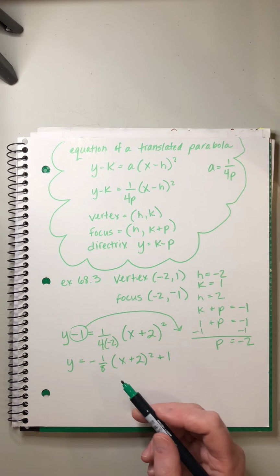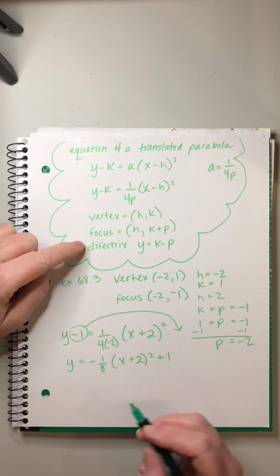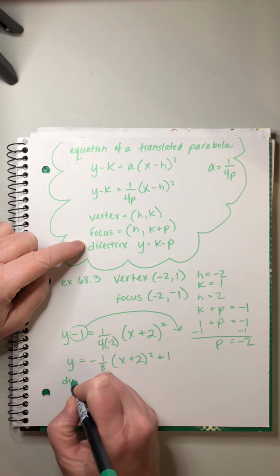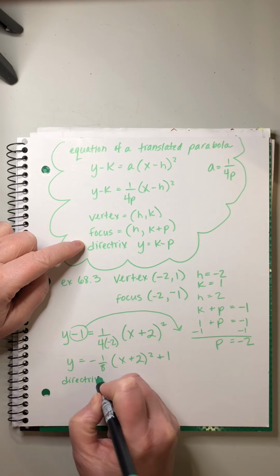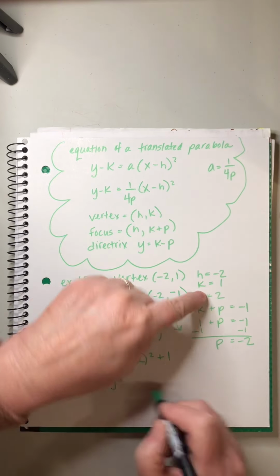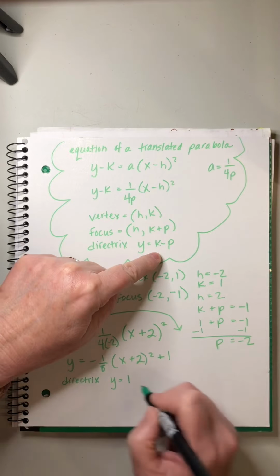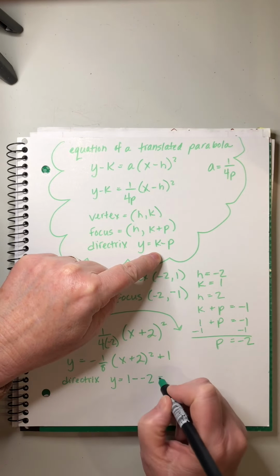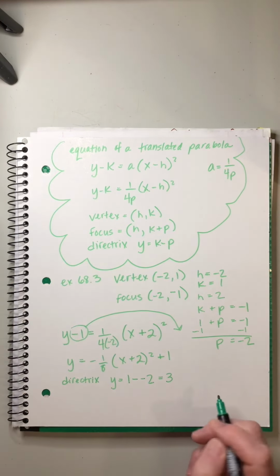Sketch the parabola. Okay, the directrix will be y equals k minus p, so that's at y equals 3.